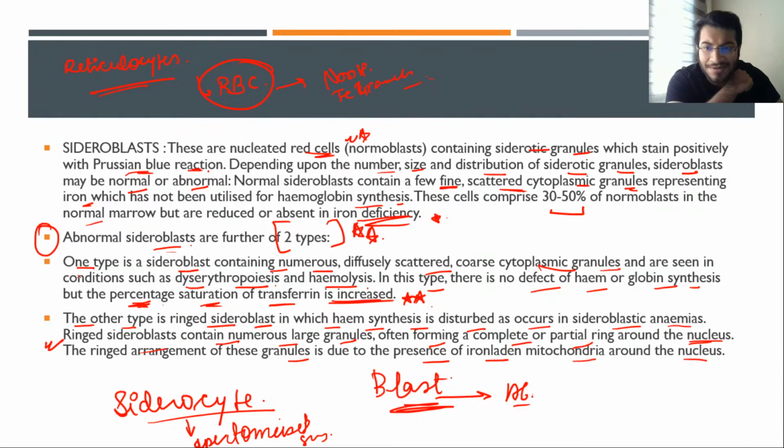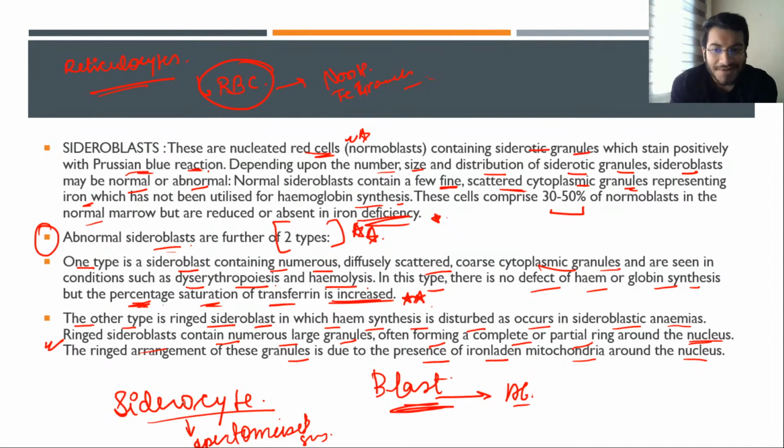So जो one type हमने बात करी, इसके अंदर सिडेरोब्लास्ट है जिसके अंदर बहुत सारे coarse ग्रेन्यूल्स हैं, right, and it is seen in the conditions of dyserythropoiesis and hemolysis, right? But there is no defect in heme and globin synthesis, right?